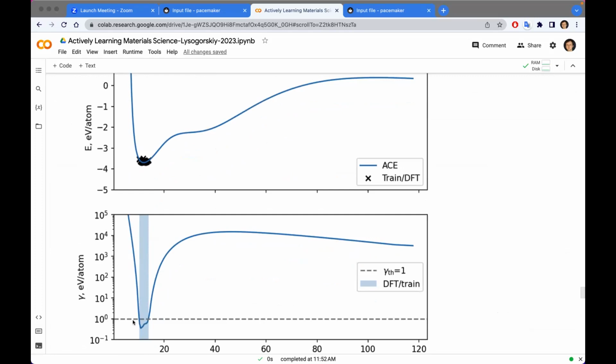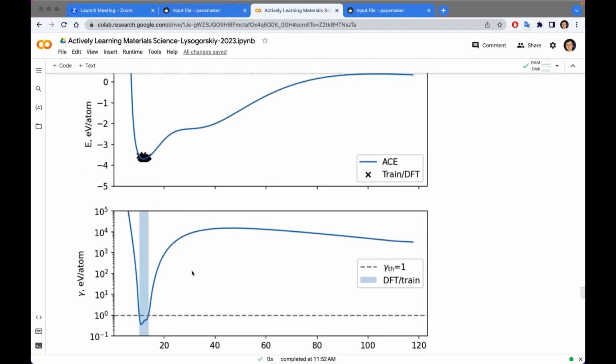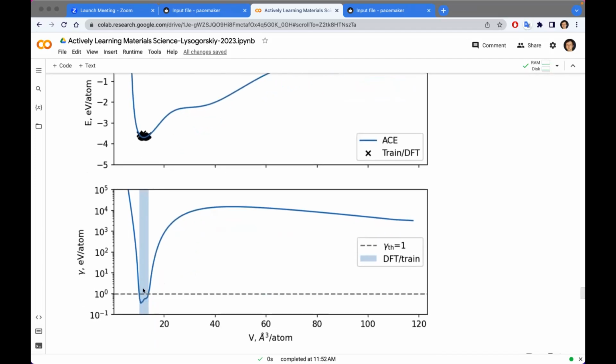It goes above threshold 1. So it clearly shows something unreliable here, but at least it says, yes, I am not sure, gamma is very high. Right, so that's how it's supposed to work because we had training data in this narrow volume region only.